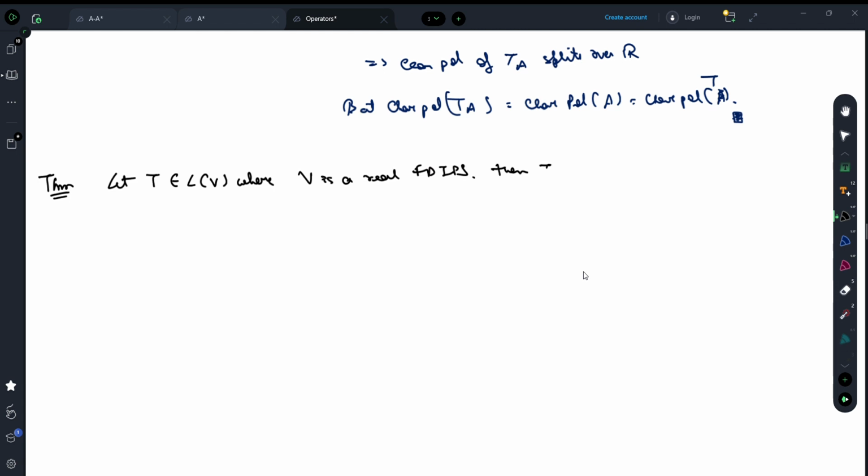Then T is self-adjoint if and only if there exists an orthonormal basis beta for V consisting of the eigenvectors of T.